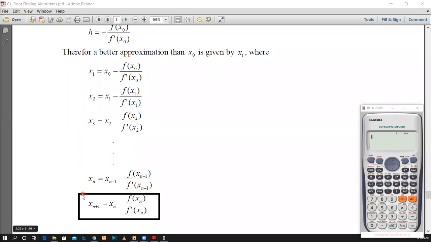Therefore, we are using this concept to fine tune the answer obtained from the previous method. When you are using an iterative method, there should be a stopping criteria.